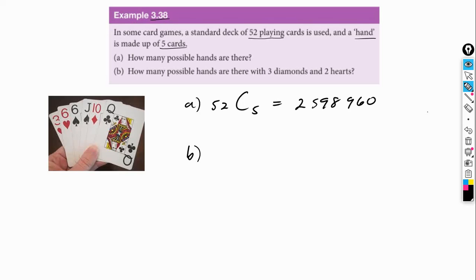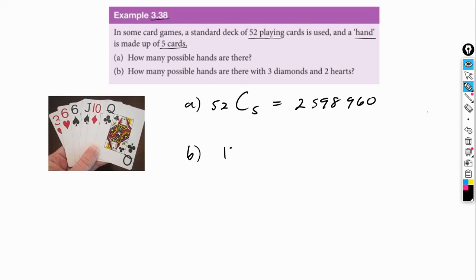So cards can be in 4 different groups. They can either be hearts, they can be diamonds, they can be spades, or they can be clubs. So there's a total of 13 diamonds, 13 hearts, 13 clubs, and so forth. So this would also be a case of a combination because the order doesn't matter. So we would say, all right, I have to pick 3 diamonds from 13.